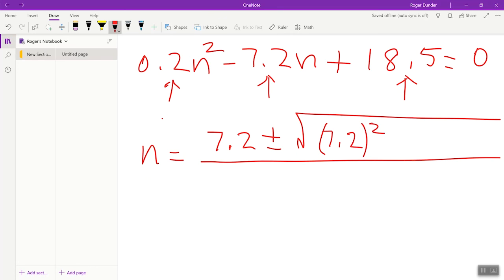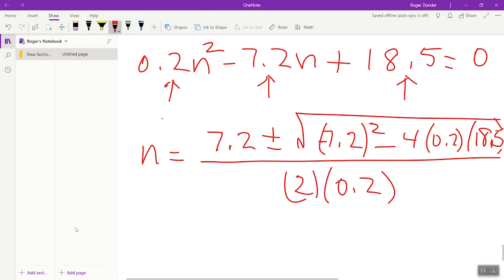You don't have to put the minus sign, although you can if you want, because you know you're squaring it, it's going to be positive. 7.2 squared, b squared, minus 4 times a, which is 0.2, times c, which is 18.5, all divided by 2a, 2 times 0.2.